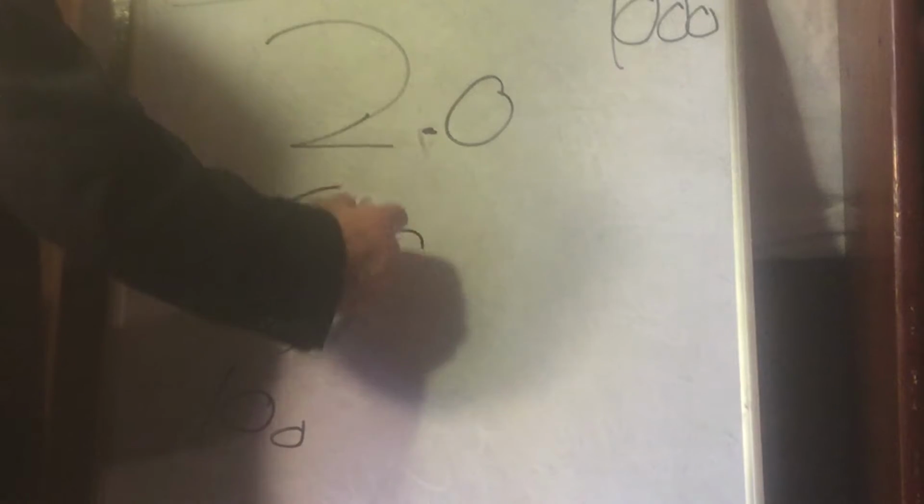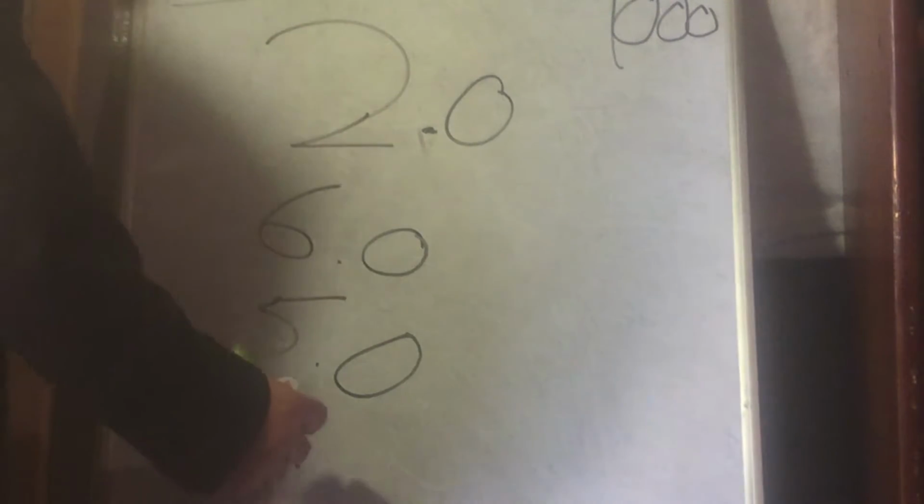Any number like this, 2, 6, 5, 100, 1000, all of these have a decimal point. 2 has a decimal point, 2.0. This one is the same as 2, this one the same as 6, this one the same as 5, this one the same as 100.